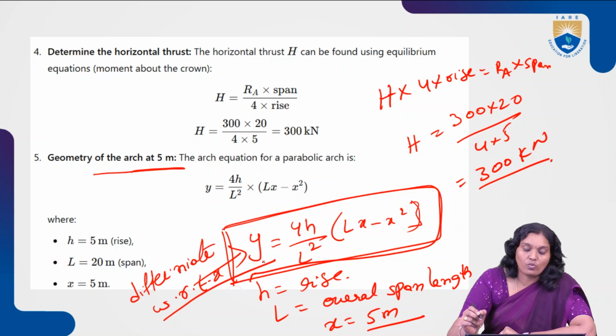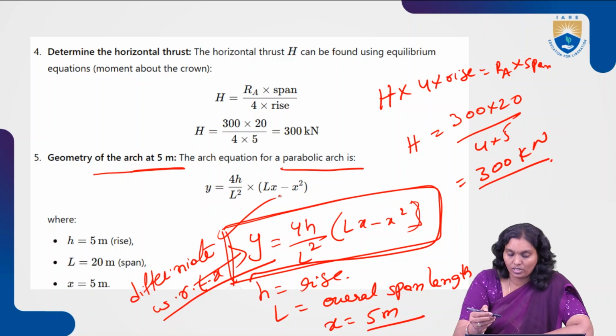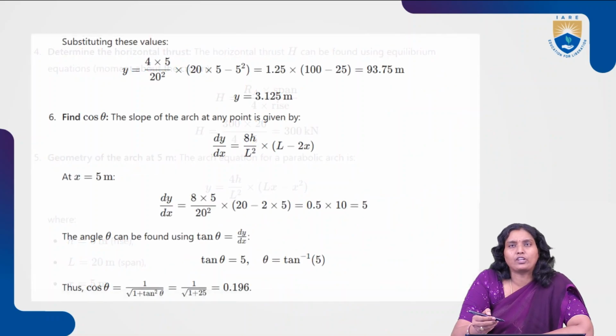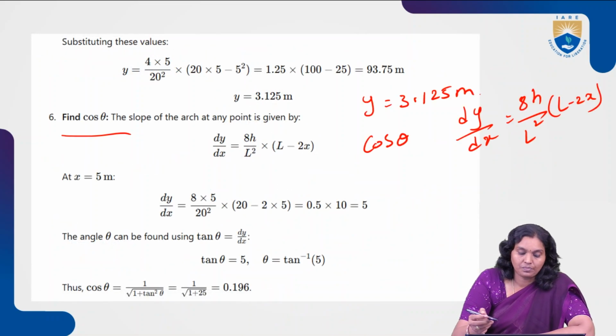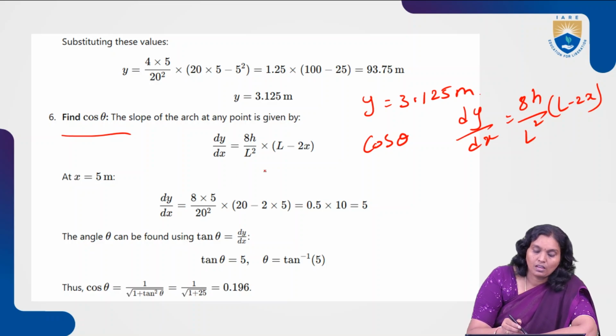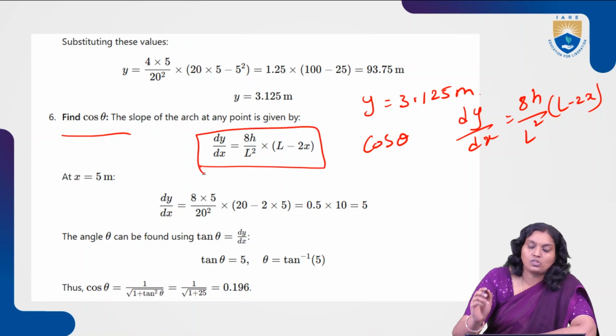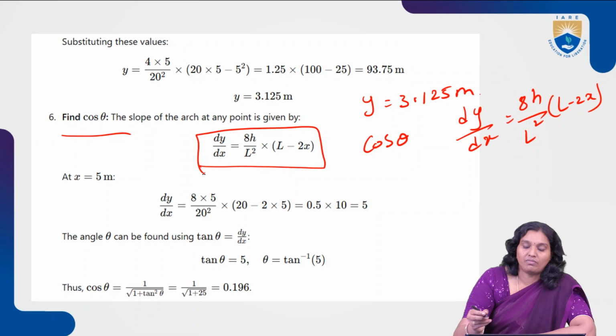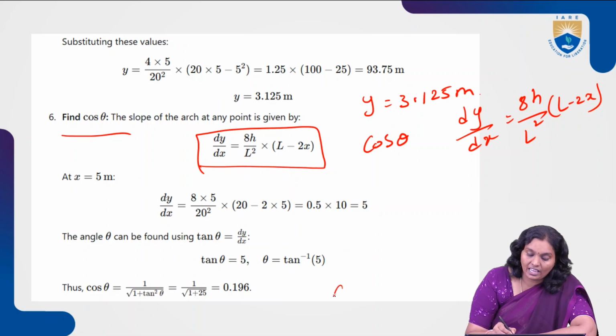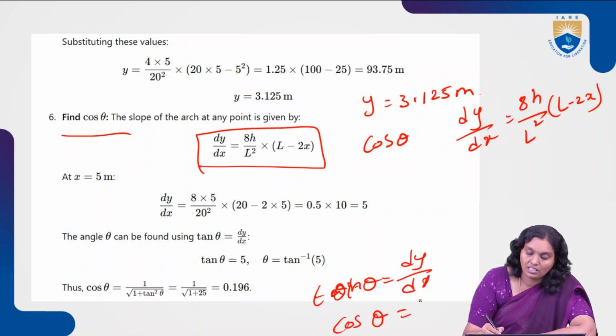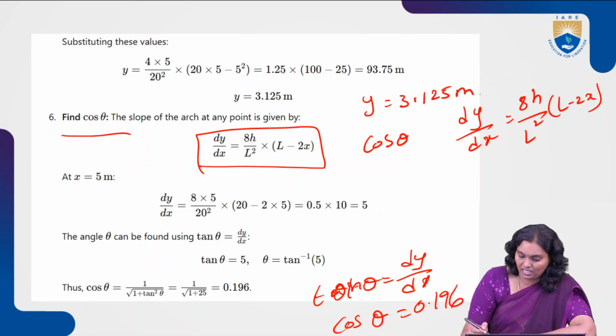Substitute all the parameters, and we will get the angle theta, tan theta is equal to dy by dx. So find out the cos theta value from this, that is equal to 0.196.